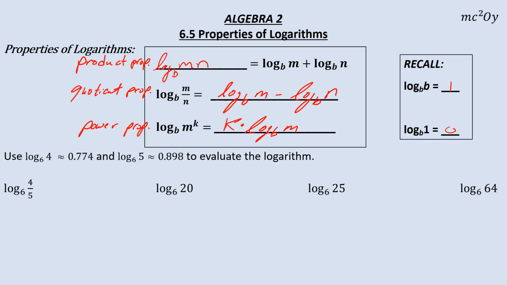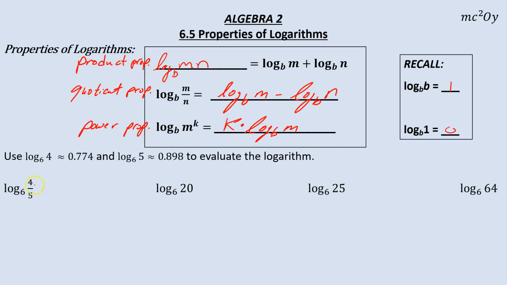First, it's nice to have these properties so we can combine logs, we can expand them, we can condense them. We also, using those properties, can evaluate logs if we know what an approximation for a log is. So for instance, if we know log base 6 of 4 is approximately 0.774, and log base 6 of 5 is approximately 0.898, we could actually evaluate log base 6 of 4 over 5.